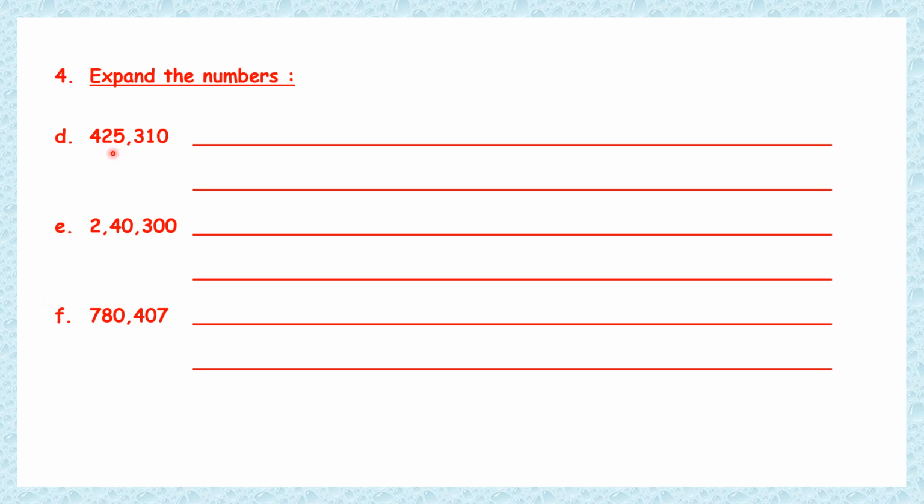So here there are two periods. So this is the international system. So we have ones, tens, hundreds, thousands, 10,000s, and this is 100,000. So 4 is 100,000.